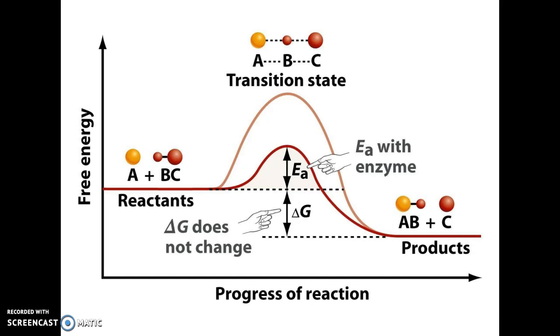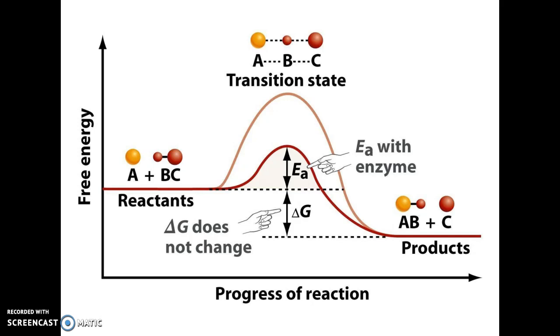And so by holding the reactants in the proper orientation, stressing the bonds so that there's a conformation that more closely resembles the transition state, doing temporary covalent interactions and creating a microchemical environment that is conducive are the four ways that we lower the activation energy and speed up the reaction.